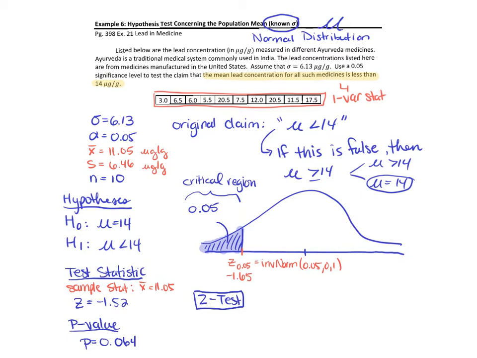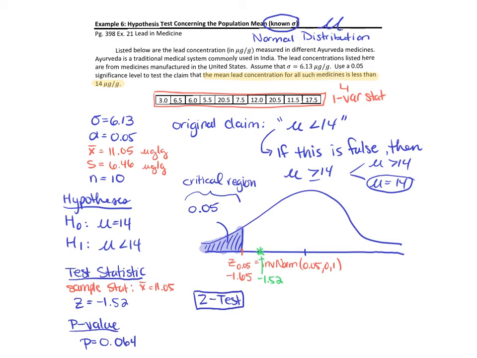Okay, so let me shade and mark all of these things on the graph so that you can understand what this is. For the test statistic, I'll use green. Hopefully you can see that the test statistic, negative 1.52, is probably somewhere over here. Hopefully you can see that it does not fall in the critical region.